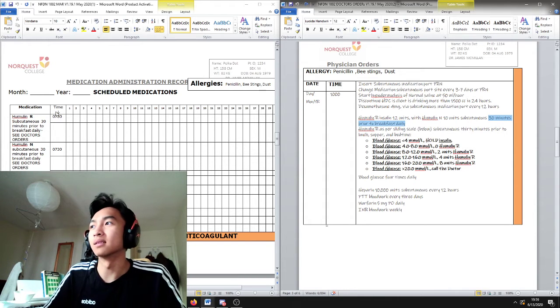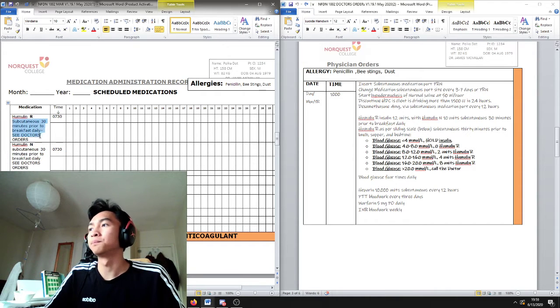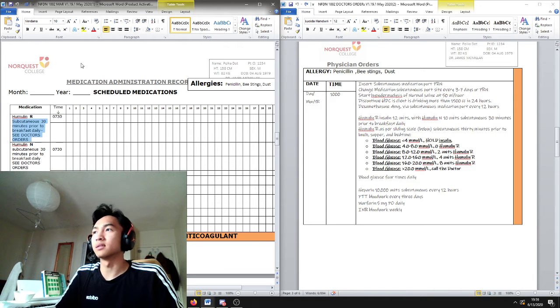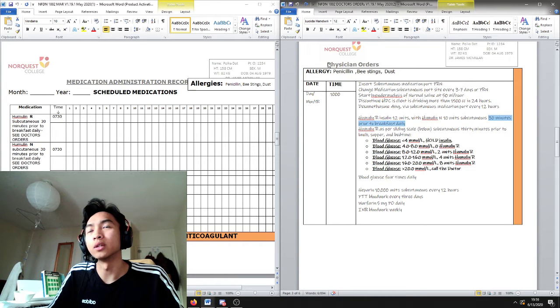In the MAR, Humulin R and Humulin N are both to be administered subcutaneously 30 minutes prior to breakfast time. Since the MAR does not have the right doses, I'm going to be referencing the physician's orders during my 3 checks.